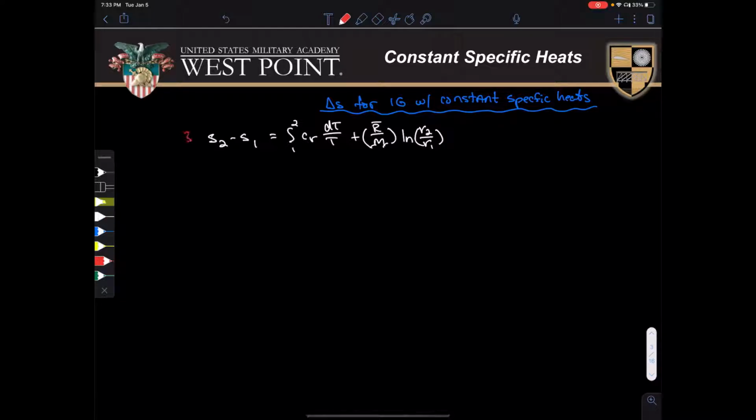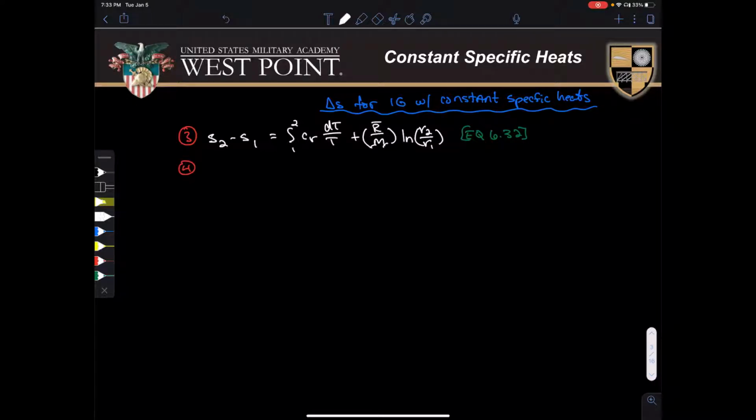And for tracking purposes, we said this was equation 3, and in your book, it is equation 6.32.